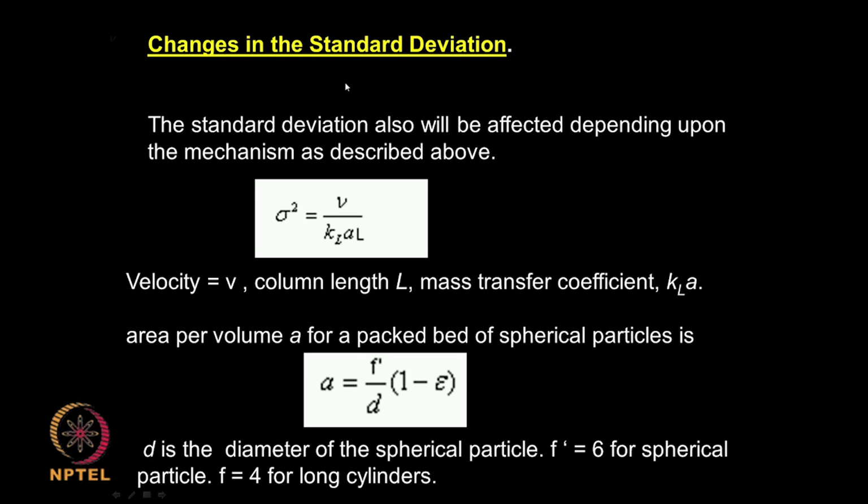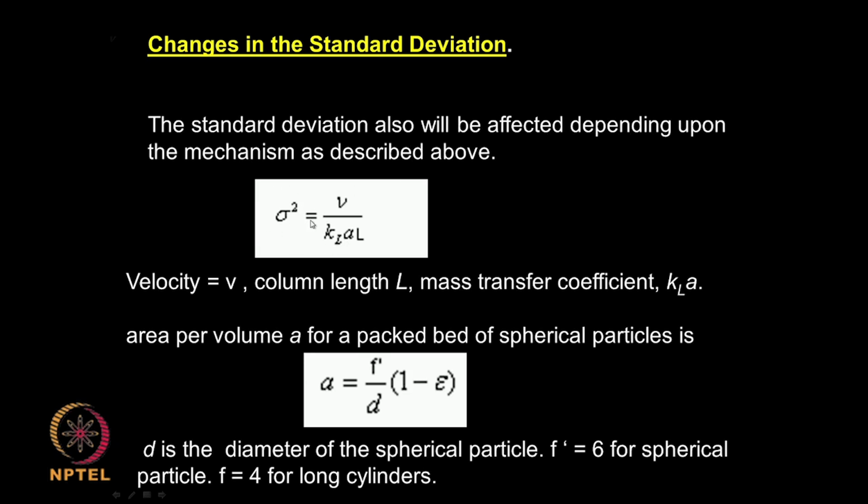If you remember the equation for C in terms of C naught and t naught, you also have a sigma coming in, and the standard deviation I said is sigma into t naught. So, the sigma could be dependent on so many of these terms like your mass transfer coefficient, the area per volume and so on actually. So, the standard deviation will be affected depending upon the type of mechanism.